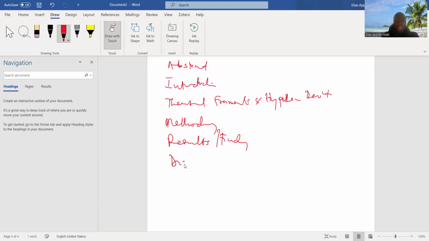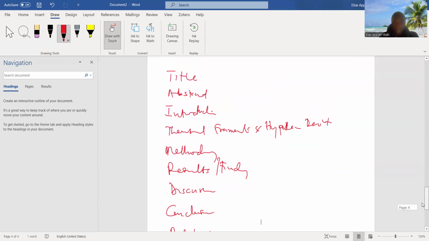Then you have the discussion. You have to discuss. Then you have the conclusion. You have to conclude the paper. Then after the conclusion, you can now bring your reference list. And as I told you, the limitations and future research suggestions may be added to the conclusion, or it may stand as a separate section.